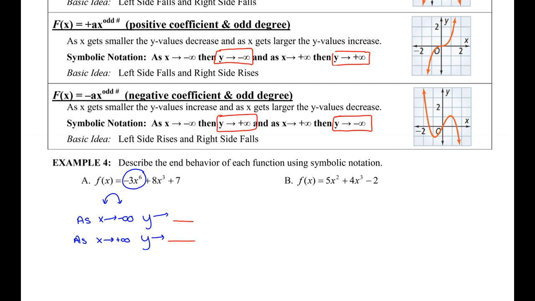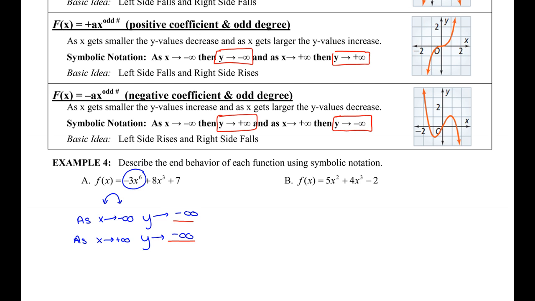So looking at my little sketch, as x approaches negative infinity, so as it goes to the left, I can see that my y values are going down, which means that it approaches negative infinity. Then, as my x values are going to the right, I can see that my arrow here is still going down, which means again, y approaches negative infinity.